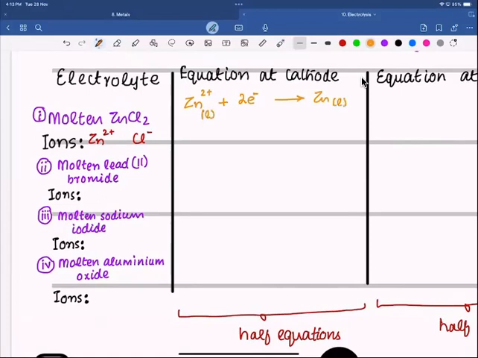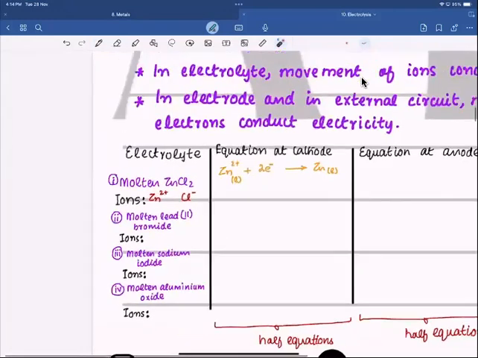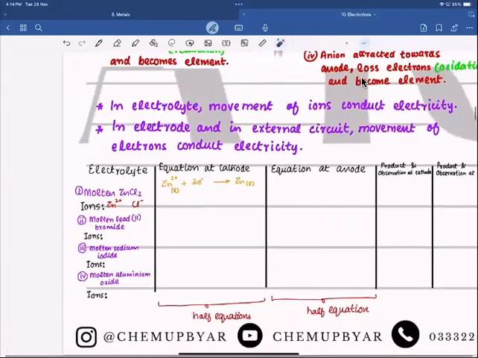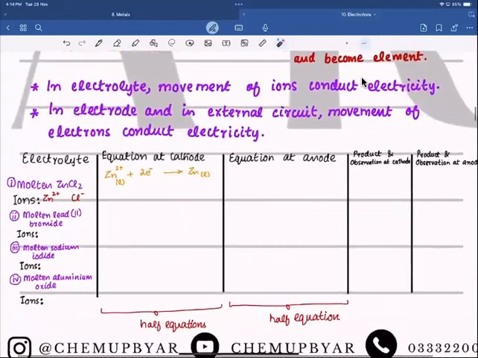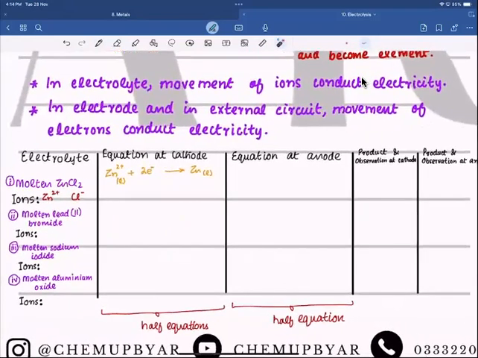Yes. Okay. Now, do one thing. Write the ions for each case and then make the equation for the cathode for each case. Okay, do this quickly.